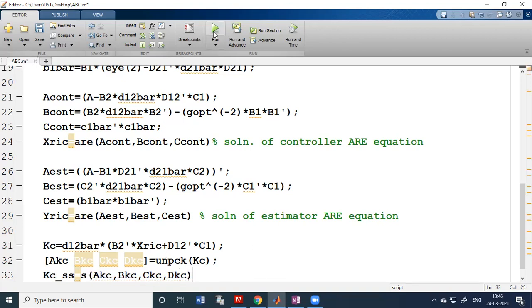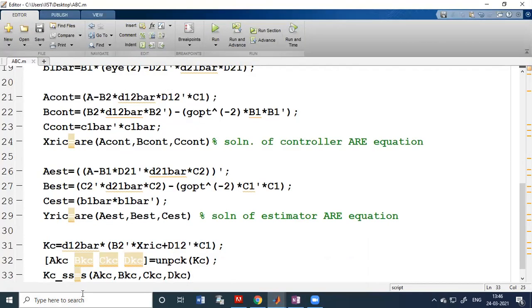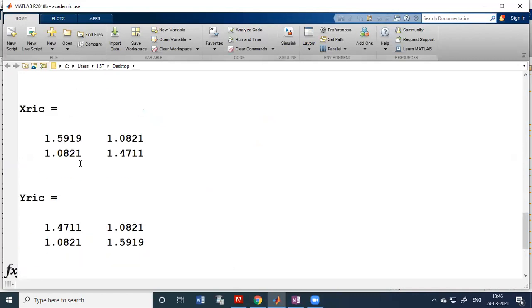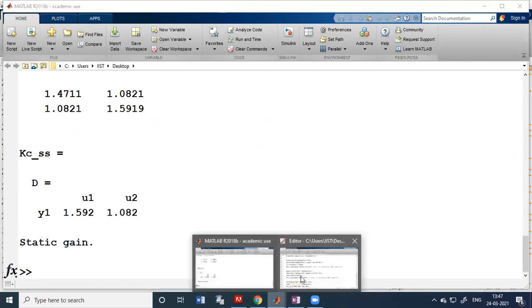Now let us run this. Oh, something is undefined. State space. If you run this, your controller is in the state space form. So it has only a D part. It's a static gain. That's the meaning, right?